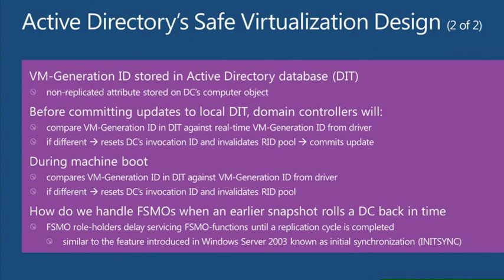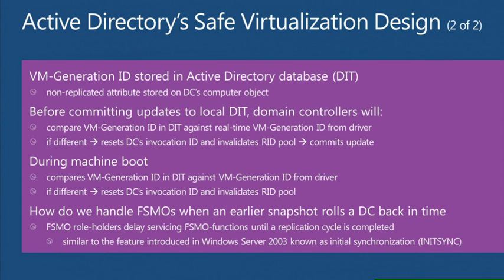Quite simple, right? When we start up, we read the VM generation ID and check my database to see, all right, does it match? Oh, no, it doesn't match. So it implies that there's been some event, and I want to go into my precautionary mode and be safe. I'm going to reset my invocation ID, and invalidate my RID pool and get a new RID pool when I start up.